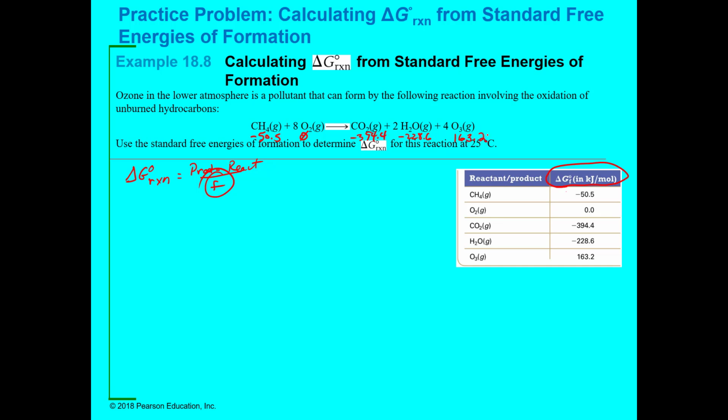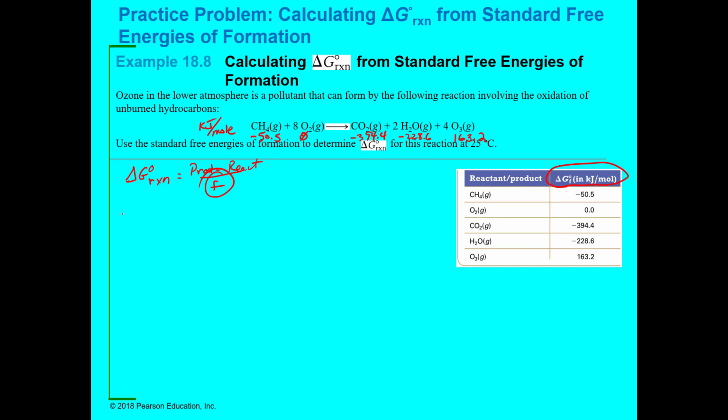Notice that's O3, not O2. Okay, and so these are all going to be in kilojoules per mole, because remember, when I do products minus reactants, I'm going to multiply how many moles times the kilojoule per mole, and that gets rid of it.